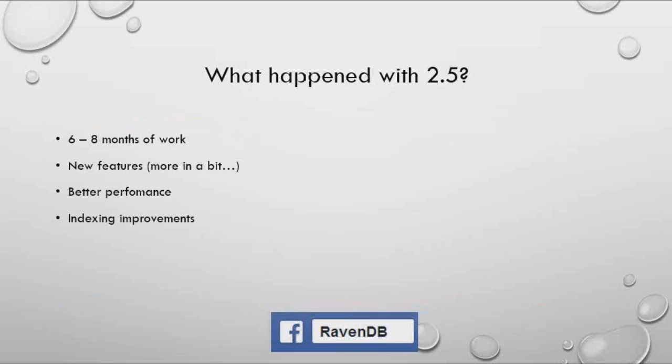And let's talk about 2.5 itself. As I mentioned, 6 to 8 months of work. We took the time to do a whole bunch of really interesting stuff that you probably won't even pay attention to. A lot of the stuff that we did was related to indexing and how indexing works.